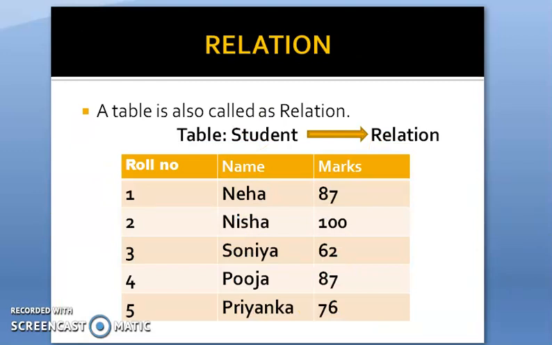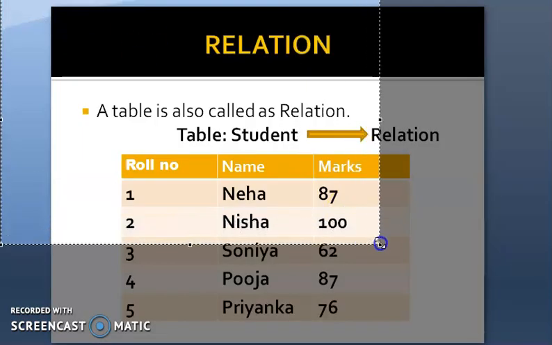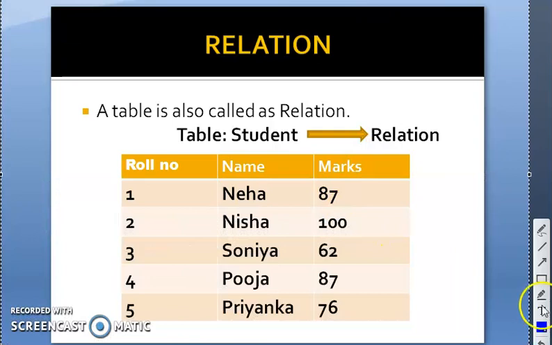The next topic we are going to learn is relation. Relation is nothing but a table. So when we say relation, it means a table. Here we have a table named student. So student is the name of the table.